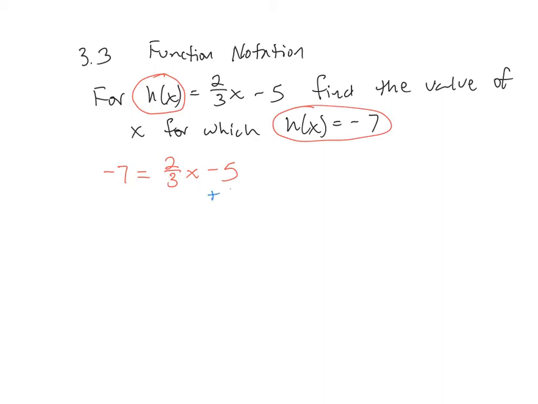So +5, and then you can do this in the fraction part in like one step, but I think it's easier sometimes to just say, well, the 3 on the bottom means divide. So if I'm going to move it to the other side, I need to multiply.